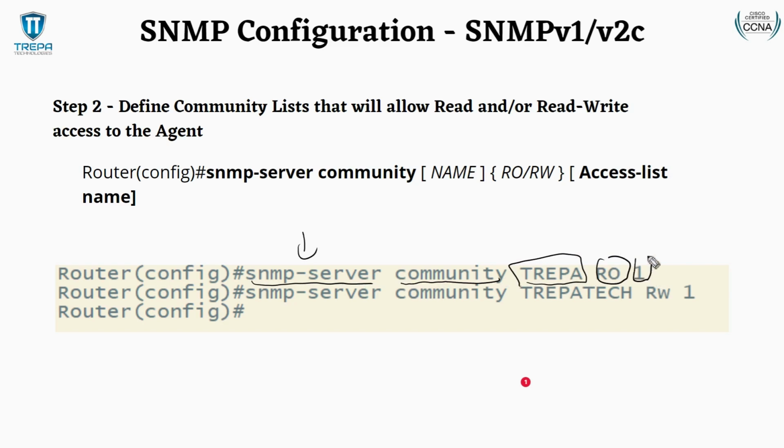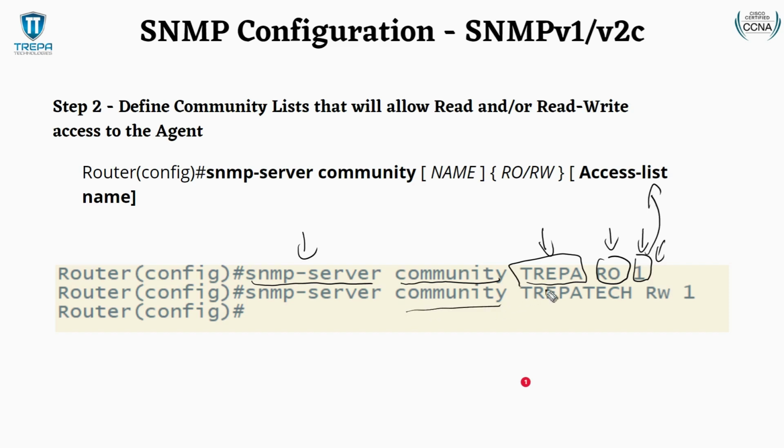And then we have access control here based on the source IP. So we're only going to allow polling from an SNMP server that's a part of this community string. It's only going to be able to read information about us, and it has to come from an IP address that's permitted in this access list.